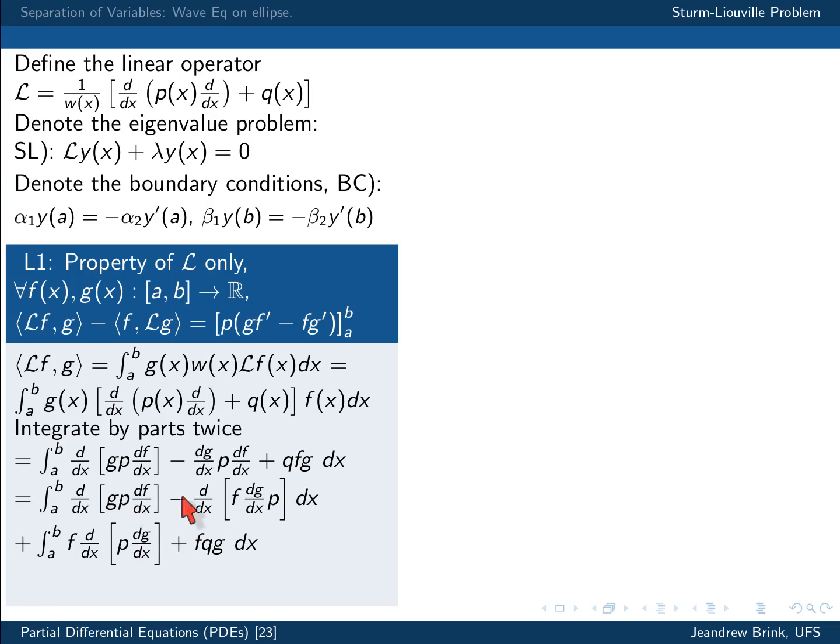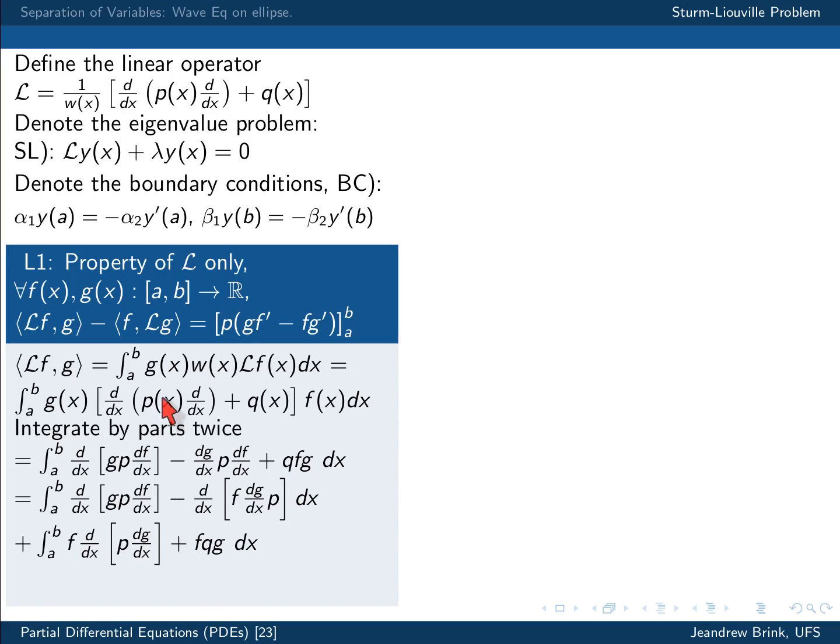These first two, if you look at them carefully, are just boundary terms, and p multiplies both of them. So that's your boundary term over here: p(g f' minus f g') evaluated at the two boundaries. Okay, so that term is fine. The second term, if you look at it carefully, is exactly the same as this top term, just with f and g switched.